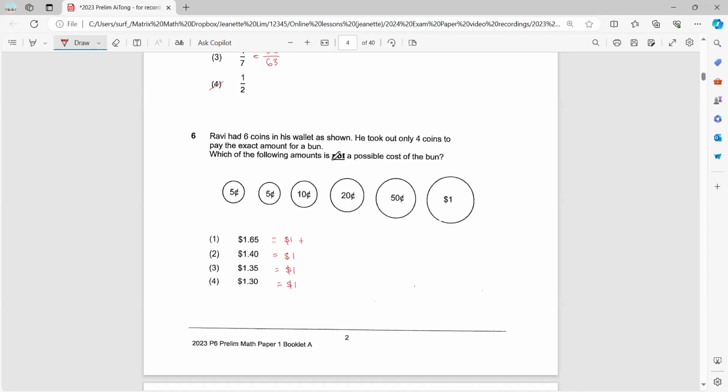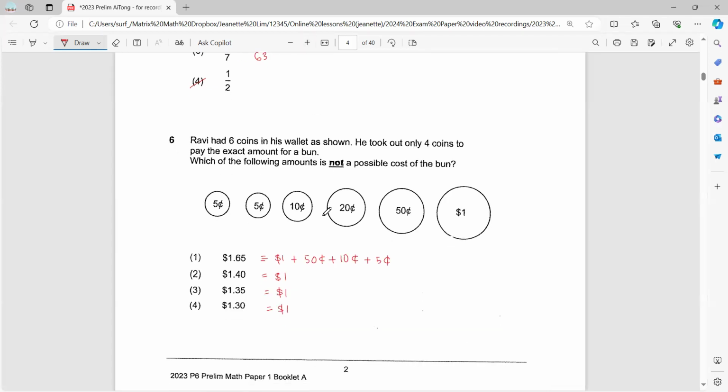Okay, so to get $1.65, what else can I add? To form 65 cents with 3 coins, 50, 10, and 5. To form 140. So with 3 coins, form 40 cents. 3 coins, it would not be possible to form 40 cents because if I take 3 coins like 20, 10, and 5, that will be 35, not enough.